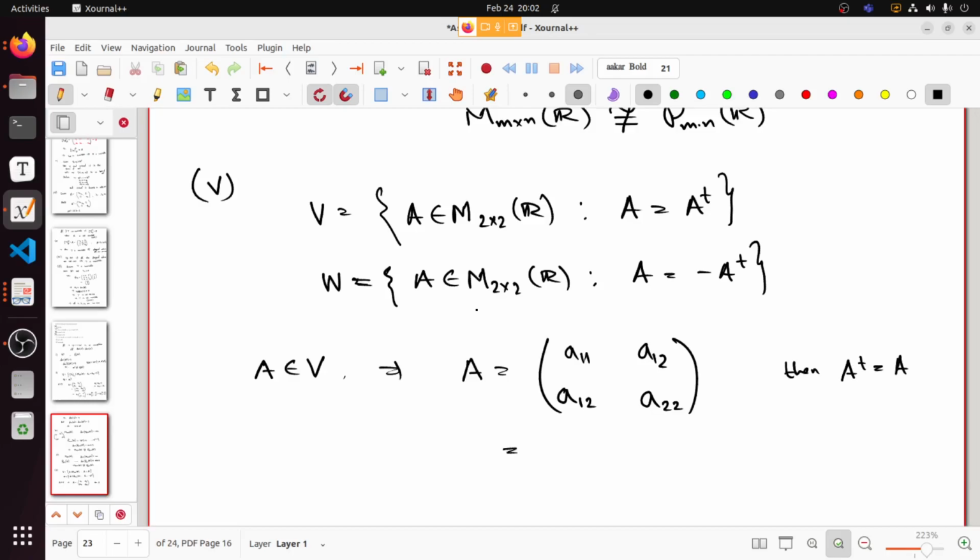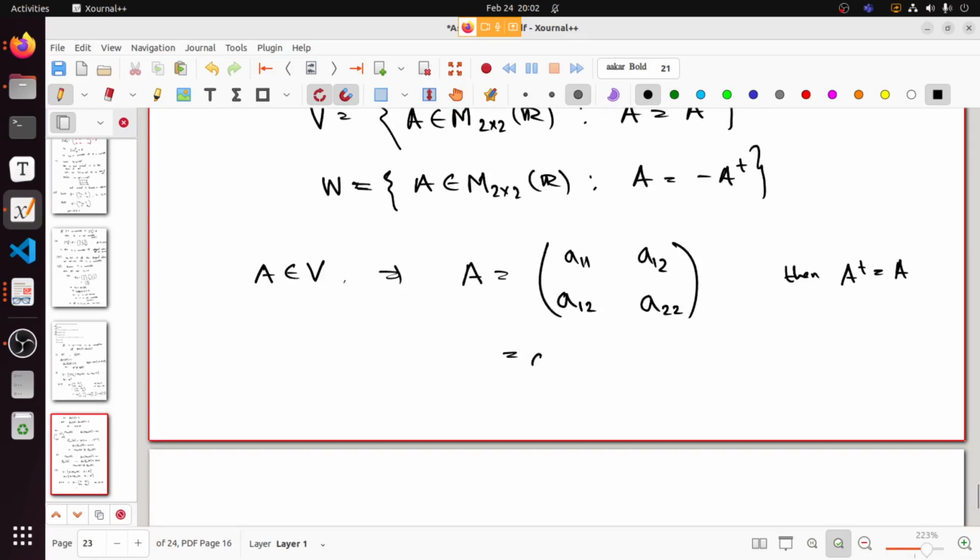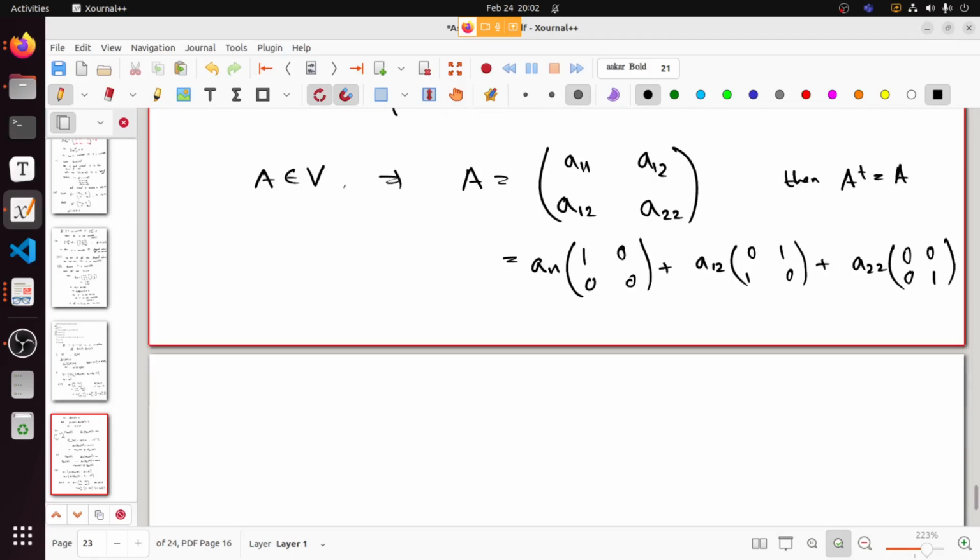You can write this as A11 times 1 0 0 0, plus A12 times 0 1 1 0, plus A22 times 0 0 0 1. So the dimension of B is 3.